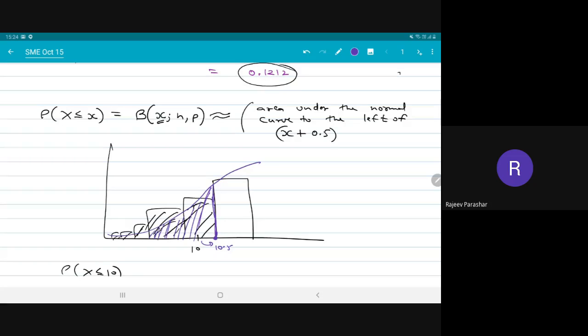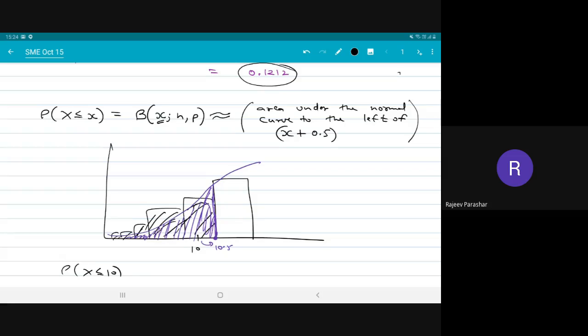It's a bit dirty now, but I think you'll get the point. Okay, so moving our reference point to the right of the value that the random variable takes by 0.5 is the continuity correction. Is it fine? Yeah.